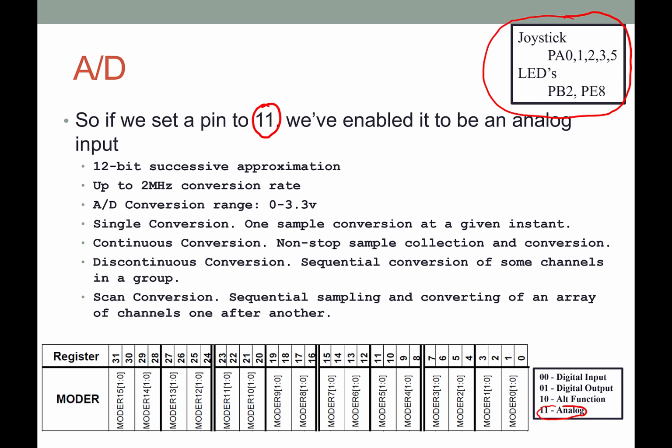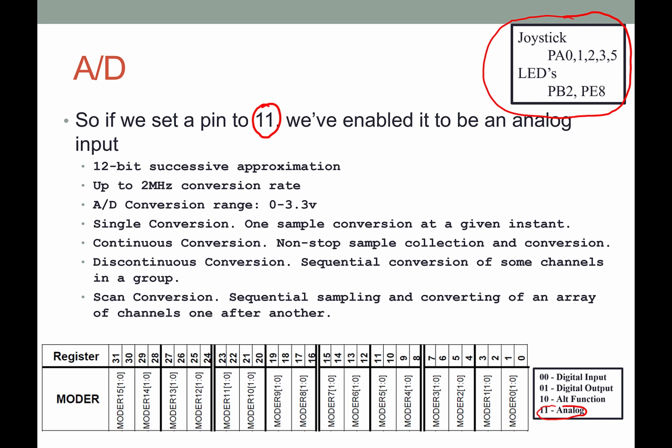Specifically, we're going to set the pin for whatever GPIO port that we want to use. We're going to set the MODER register to 11 to have it enabled as an analog input.